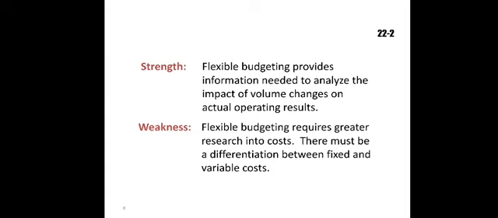But if you prepare a static budget, at the end of the year you have to compare the actual data and the budget data. The budget data does not change. Whatever the quantity of production, you have to compare with the static budgeted cost. That is not good.